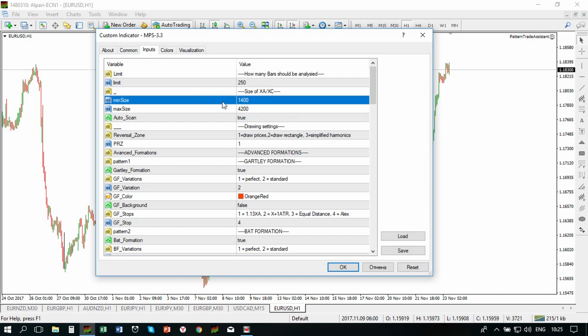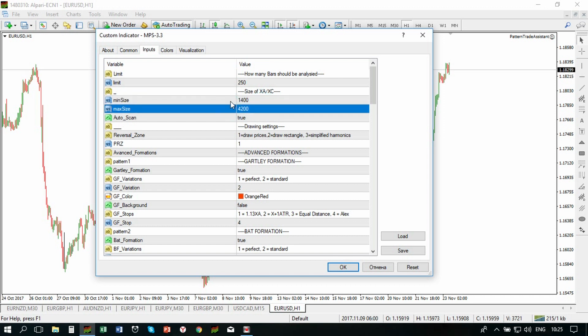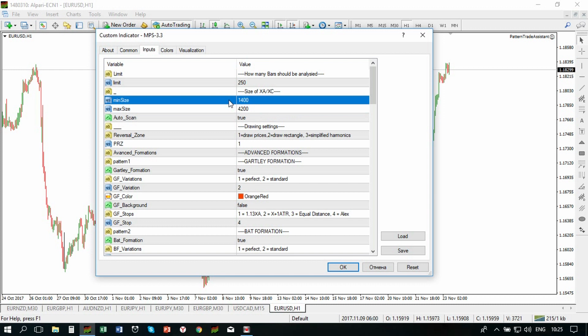So within this range, I found that the best boundary is from 10 ATRs to 30 ATRs, the XA size. This way the pattern will not be very small, and it will not be very large, but you can set whatever you want.